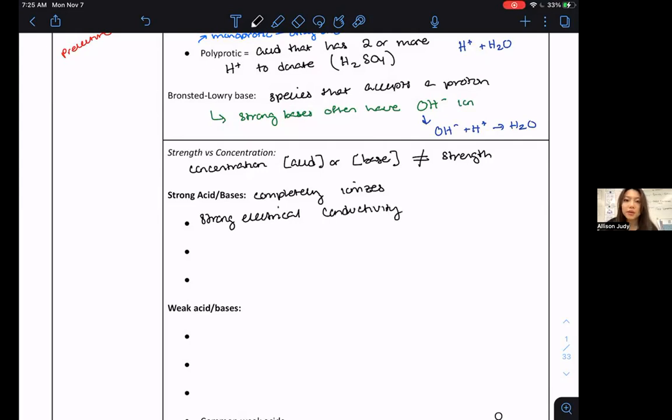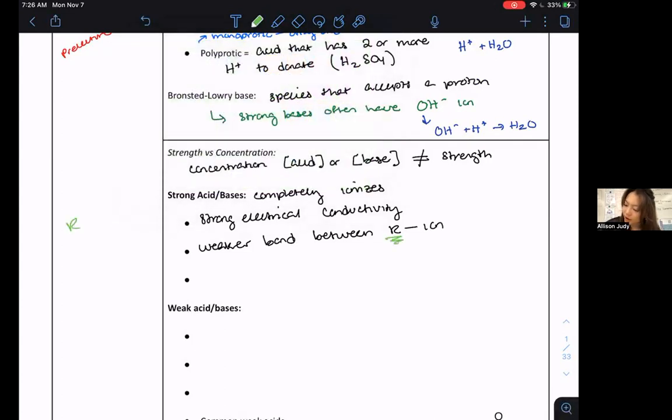And we can usually identify a strong acid or base structurally by recognizing that it has a weaker bond between the body of the compound and the actual ion itself. This is a little organic chem method.